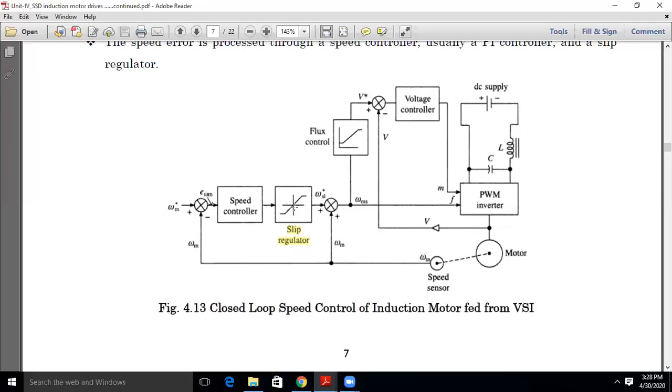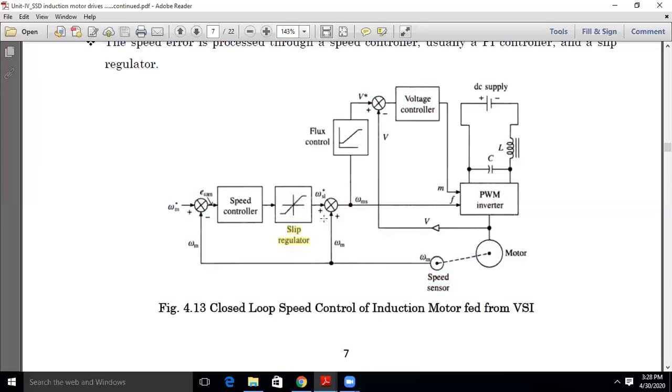Please remember, the function of this slip regulator is that the value of slip produced by the PI controller, that is the speed controller, should be under the limits of the actual slip value.